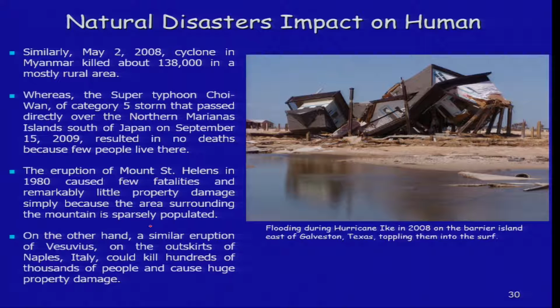But in the case of Italy, a major event took place: the volcanic eruption of Vesuvius resulted in the killing of hundreds of thousands of people. So, natural processes become hazardous only if they affect a large number of people. Natural processes are also hazardous if there is a change in the land use pattern.